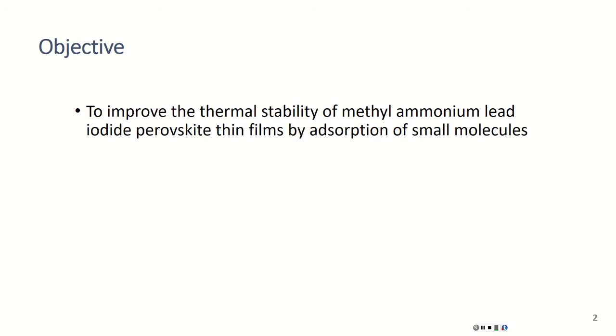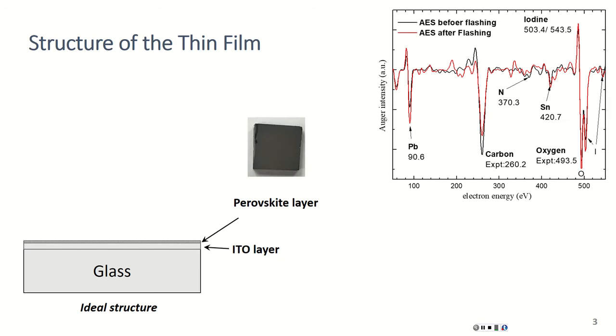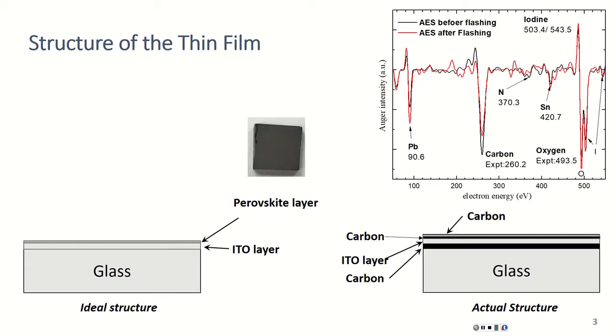The main objective was to improve the thermal stability of the methylammonium lead iodide perovskites using a passivation layer of formic acid adsorbed on the surface, and we synthesized the perovskite structures at ambient conditions using some kind of spin coating method.